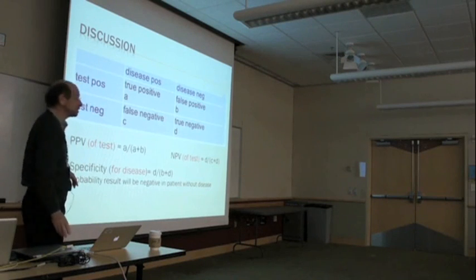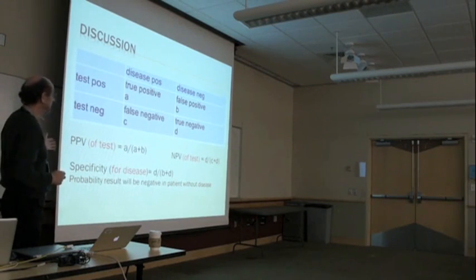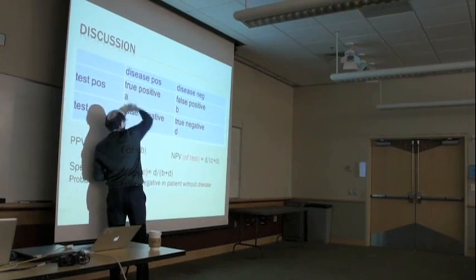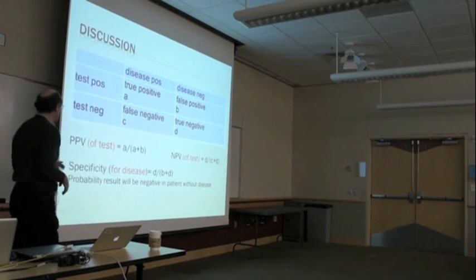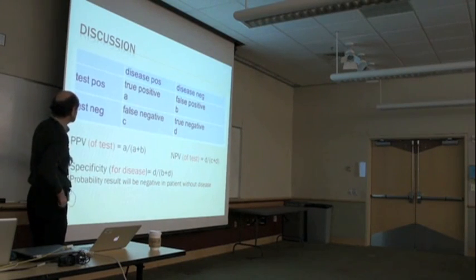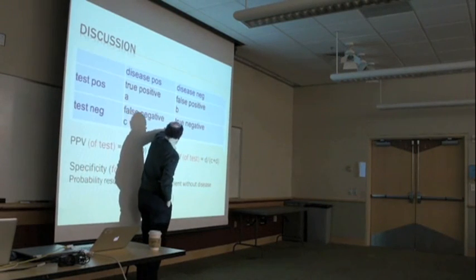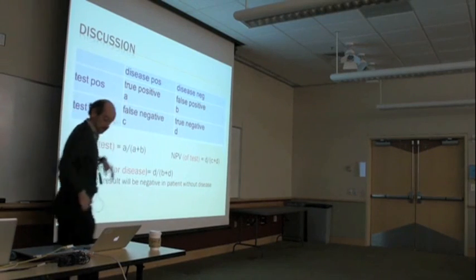However, think of specificity and sensitivity as being about the disease. And so they're going to be probabilities calculated from the columns. So the specificity for the disease is going to be true negatives over the sum of all disease negatives.